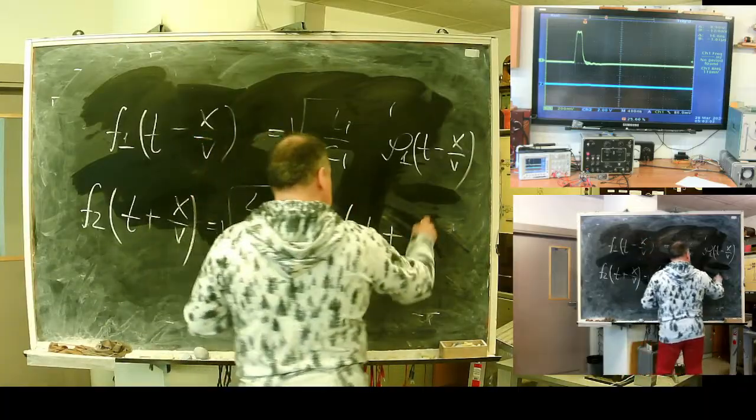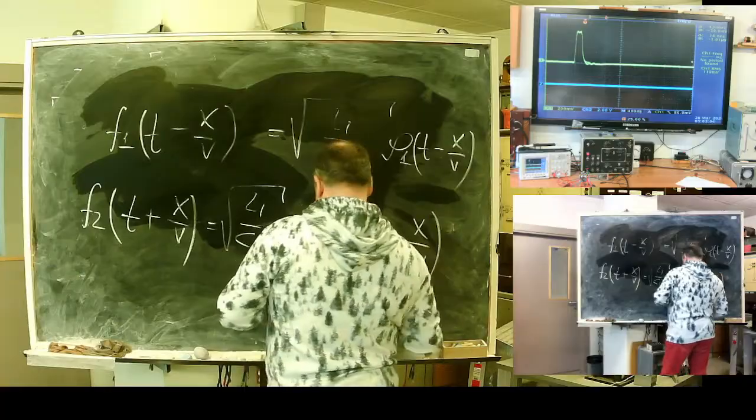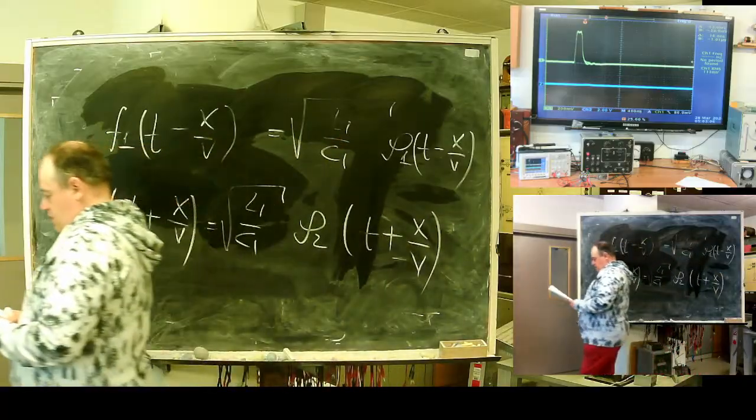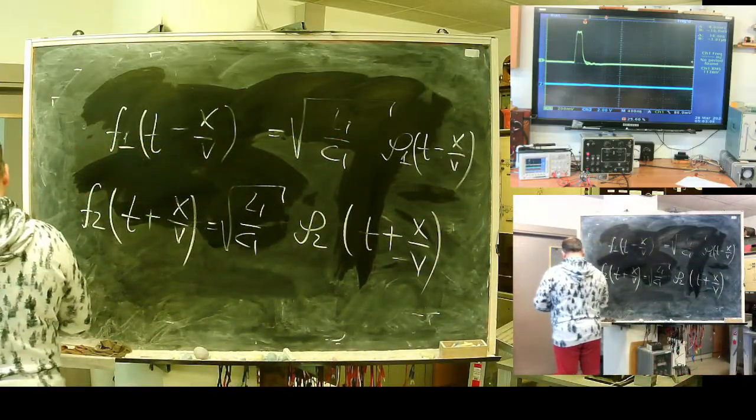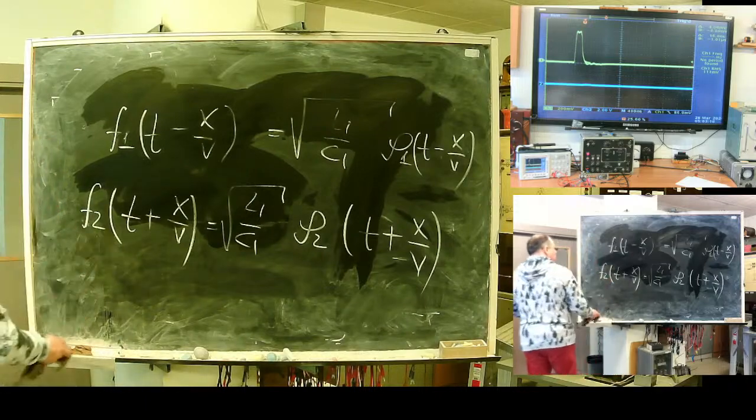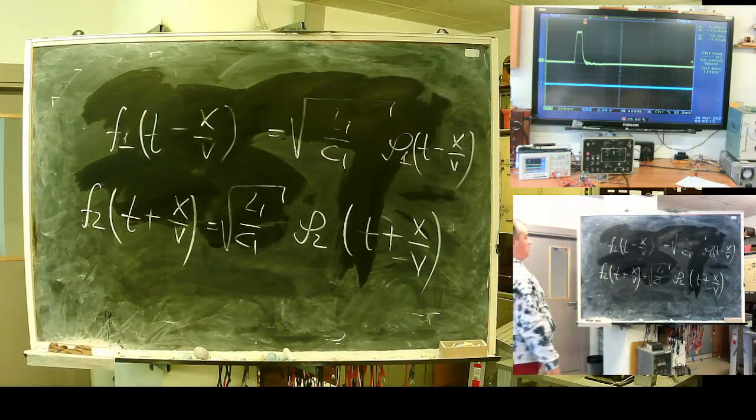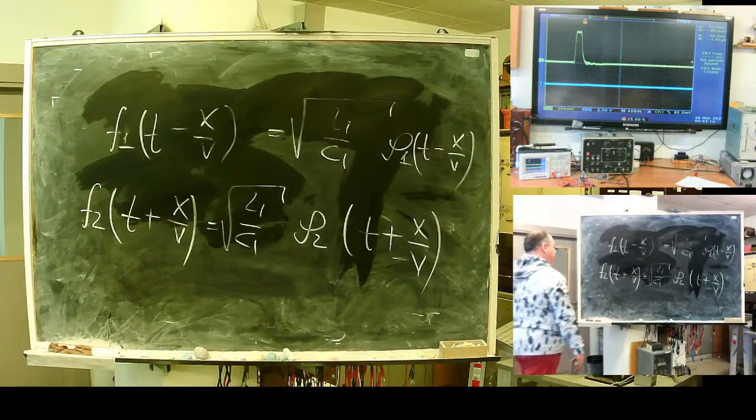The backward wave is the same with time plus x divided by propagation speed. This is true in any point of the line.